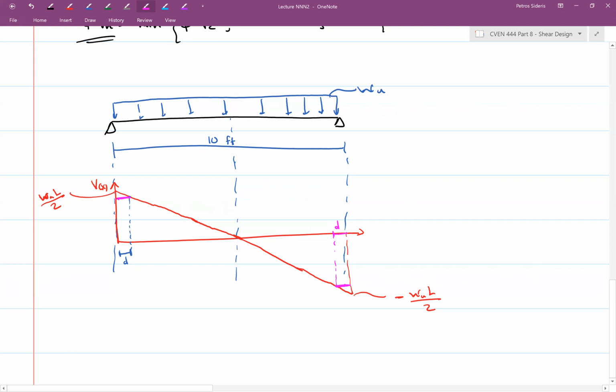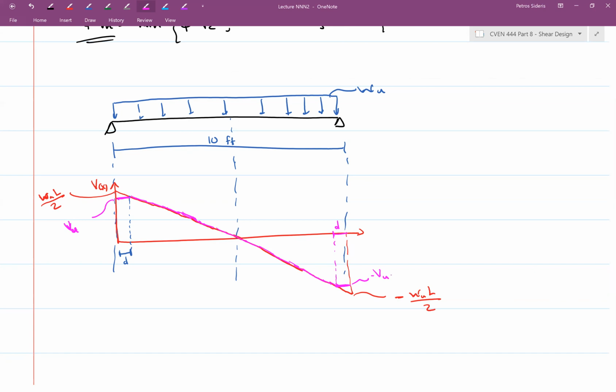So now our design diagram is going to be my magenta line, which is the original shear force diagram, just cropped at these ends. And the question is, what is this value VU, which seems to be the maximum value that I have here, or negative VU here? And how can I find this value? There are two ways. One is to use geometry.